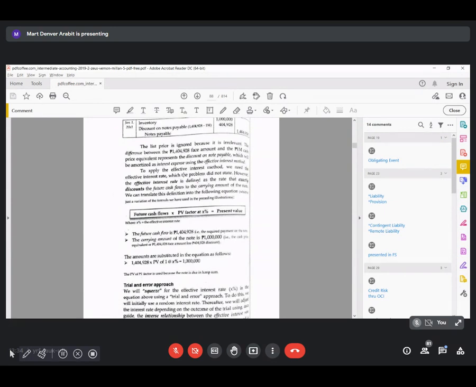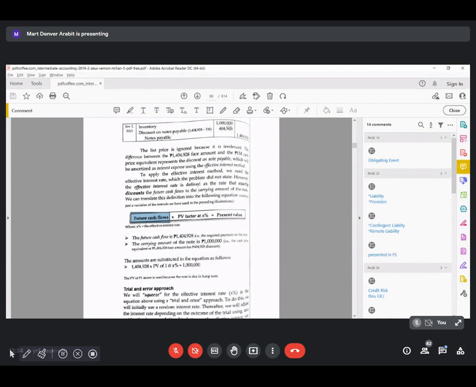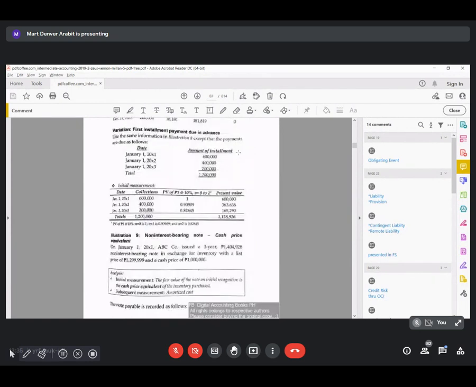So we can translate this definition into the following equation: future cash flows times present value factor is equal to its present value. So ang ginawa niya is nag-derive siya. Since available naman yung future cash flows, which is same dun sa present value niya na 1 million, ito yung future cash flows, di ba? Kasi ito yung face value nung note. Ito yung total nung future cash flows.